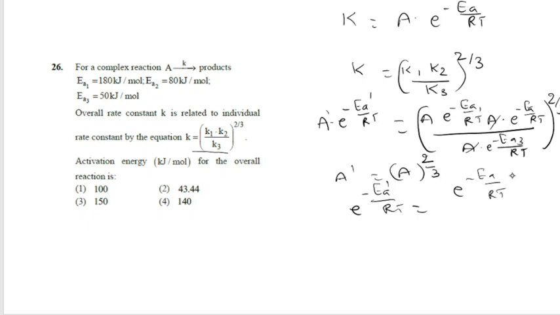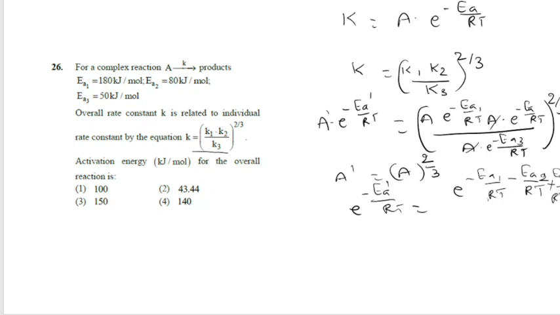As the bases are same, I'm just adding the powers here. So EA1 by RT minus EA2 by RT, and divided by here, as it is in the denominator, if it comes up you will get plus EA3 by RT, right?